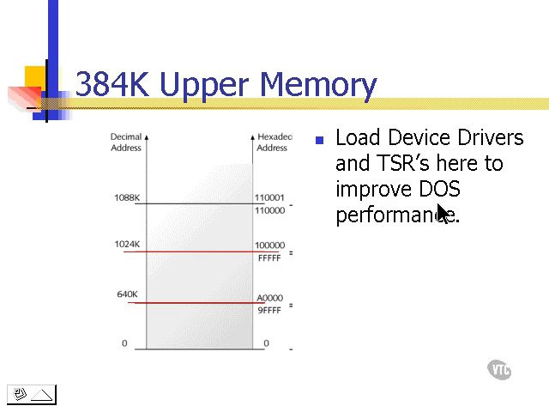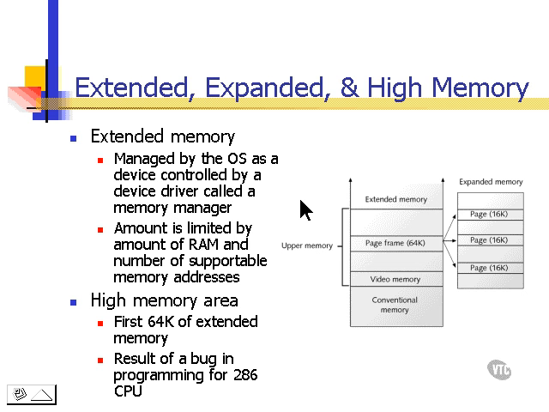Extended memory is memory that is above the 1024K limit. We have a lot of extended memory in the computers that we have today. It's managed by the operating system, and the amount is limited by the RAM and the number of supportable memory addresses.